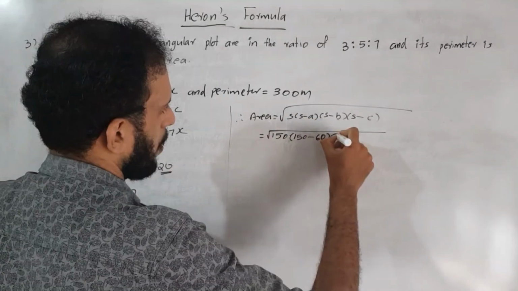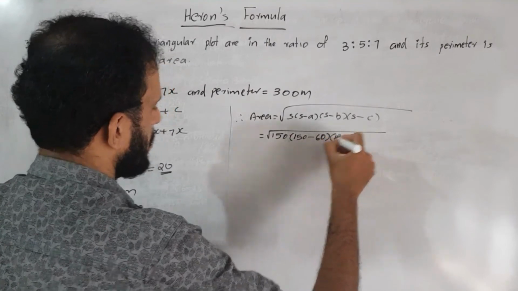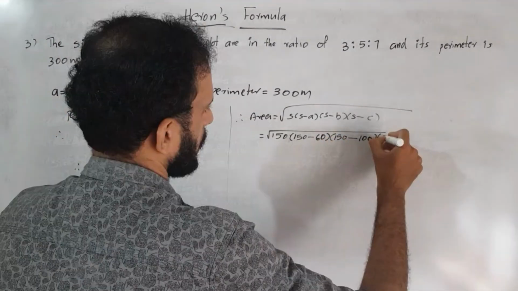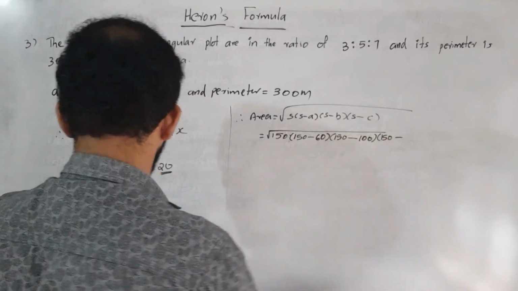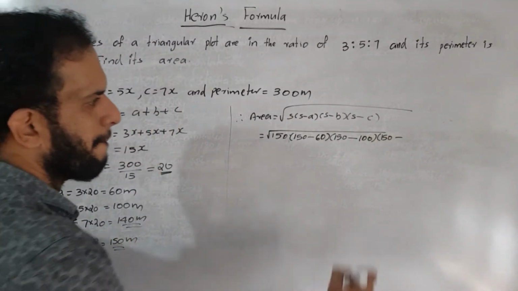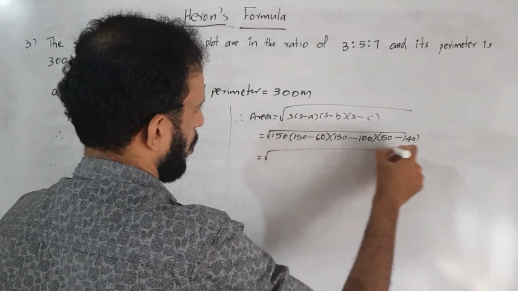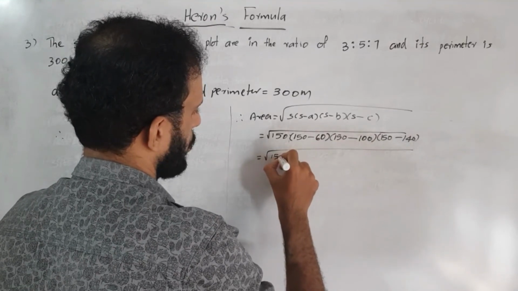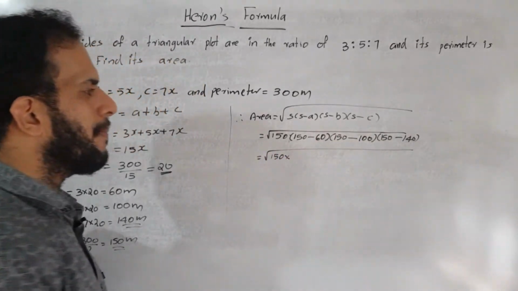A is 60. 150 minus B. B is 100. 150 minus C. What is C? C is 140.